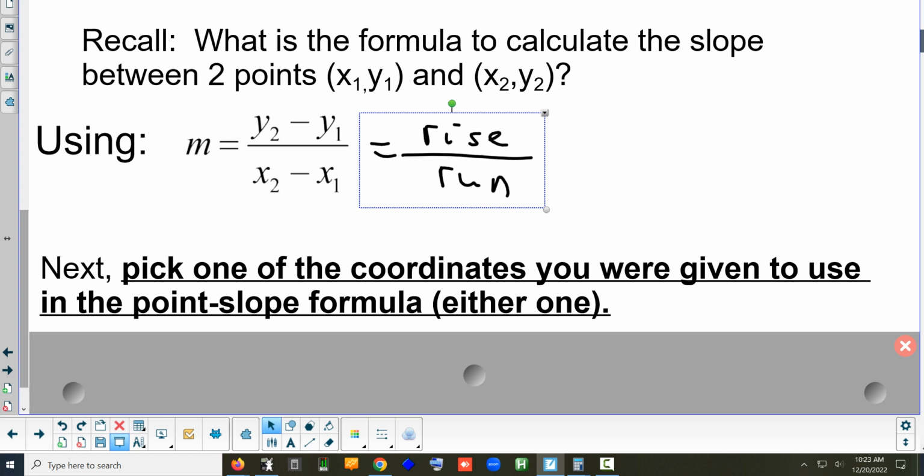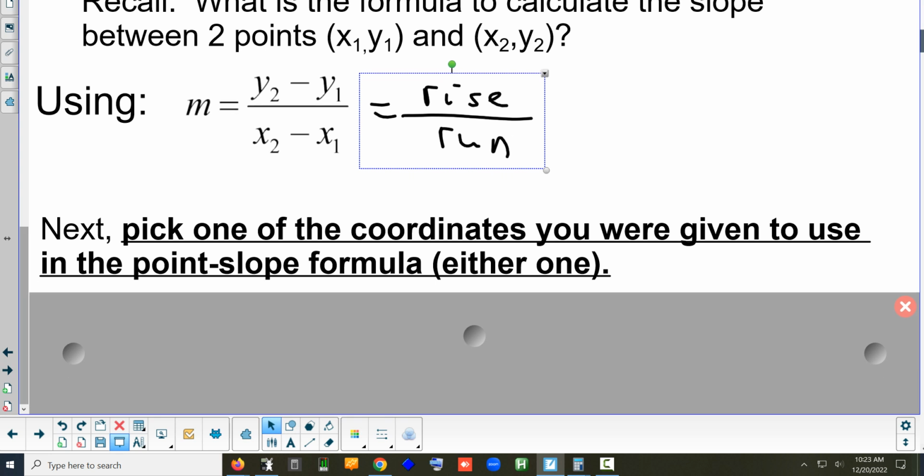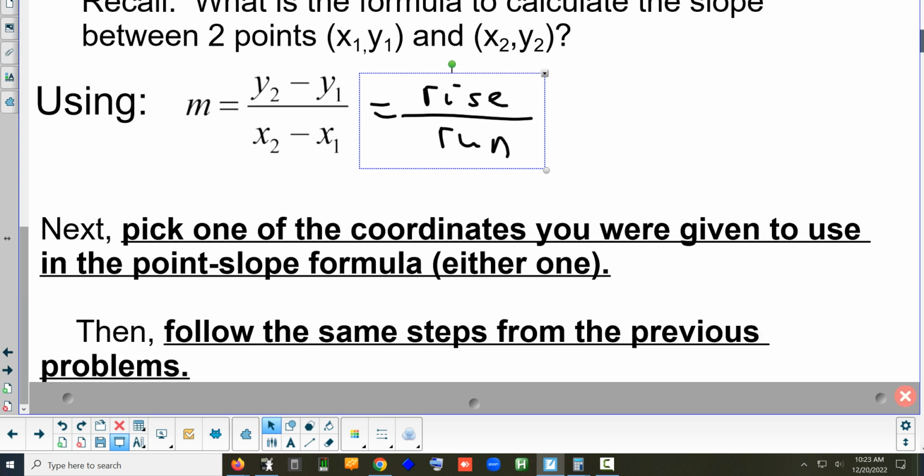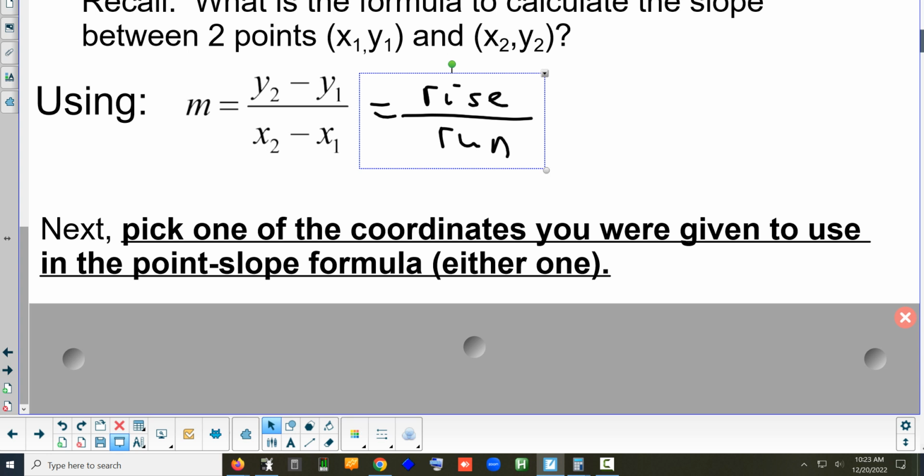Pick one of the coordinates. So this should go on the line that says next, comma, and I think you have enough room that there's two lines to write.